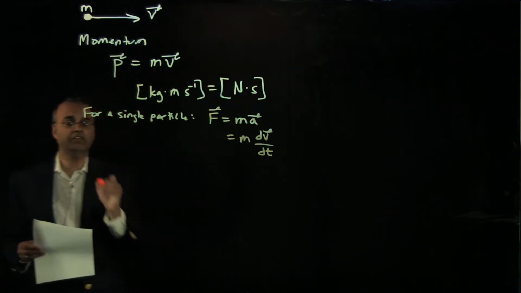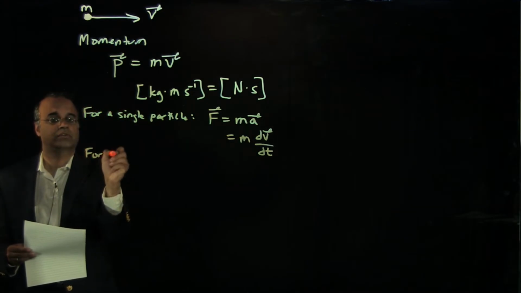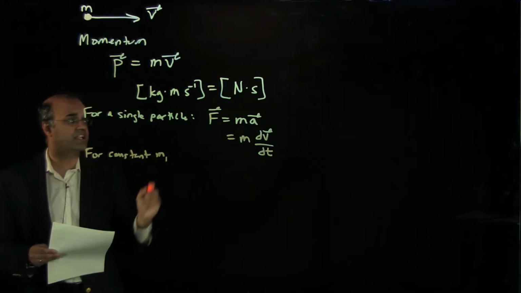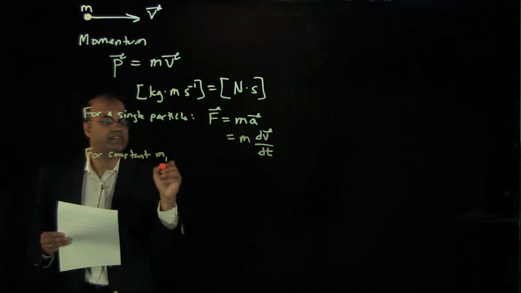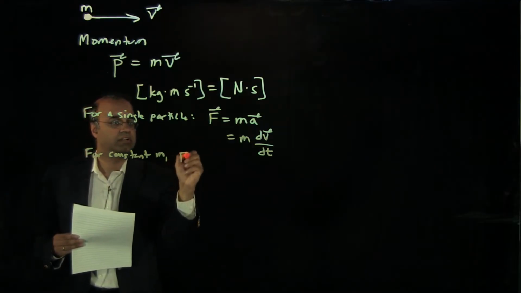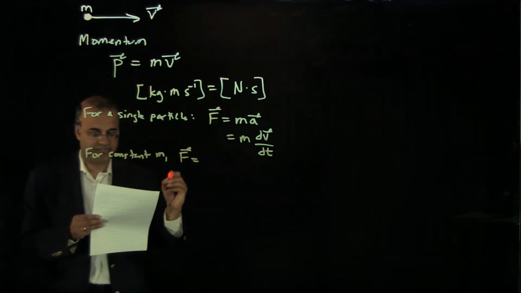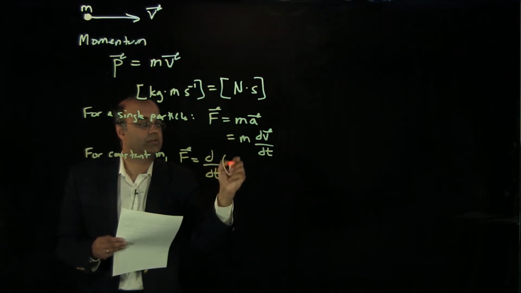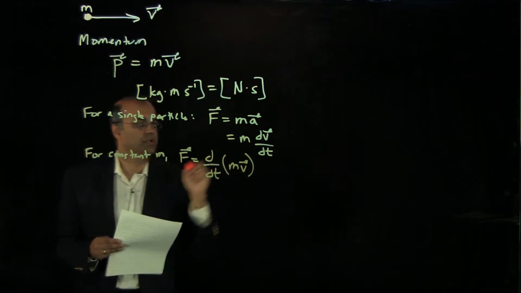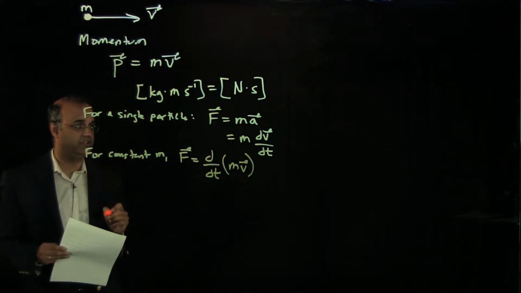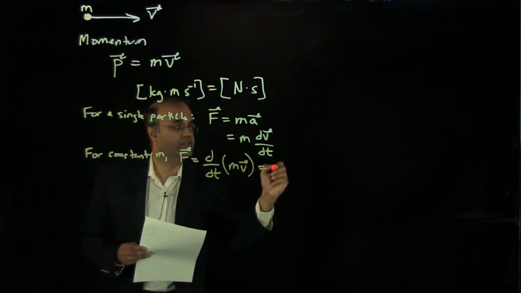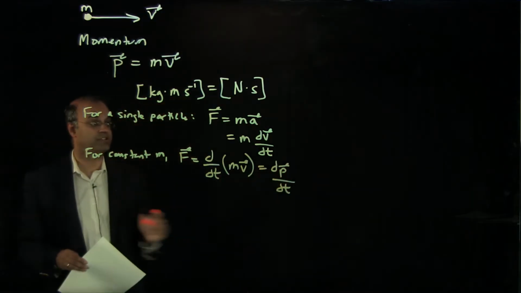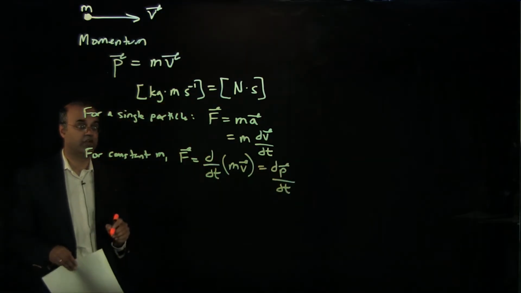Now, if m is a constant, then I can rewrite this as F is equal to the time derivative of the mass times the velocity, or equivalently as the time derivative of momentum, since mv is just equal to p.